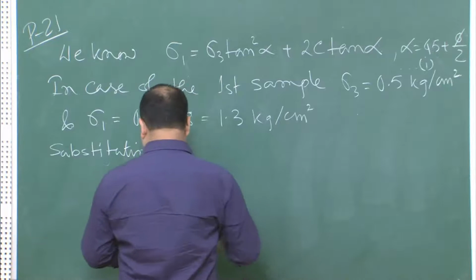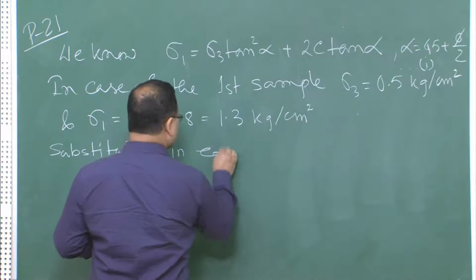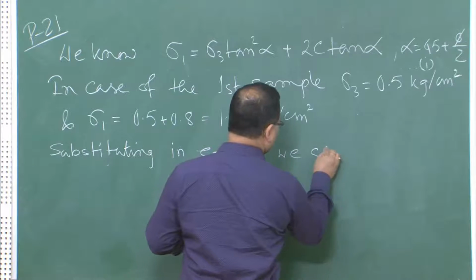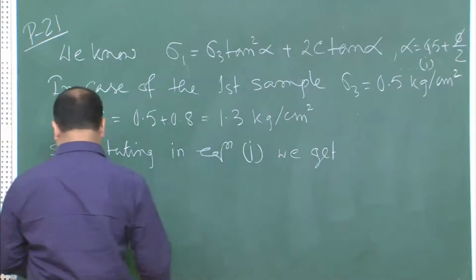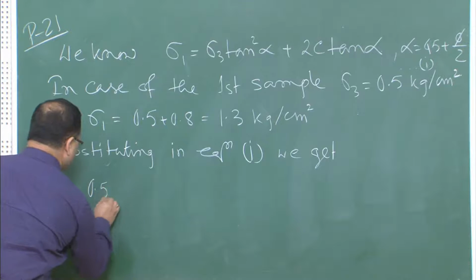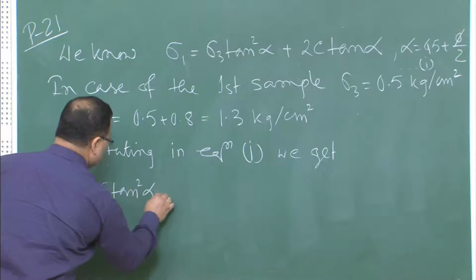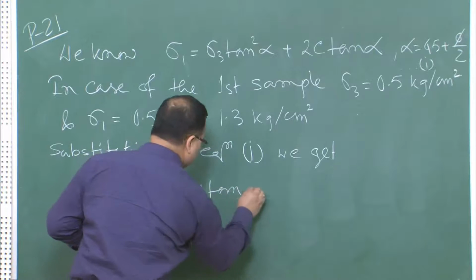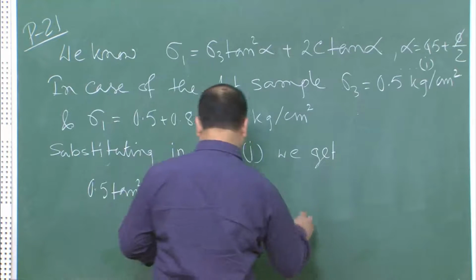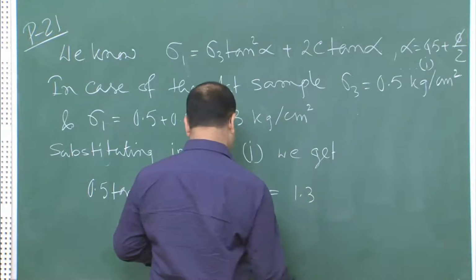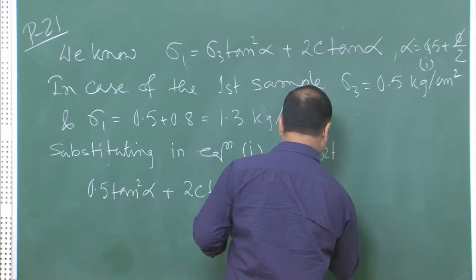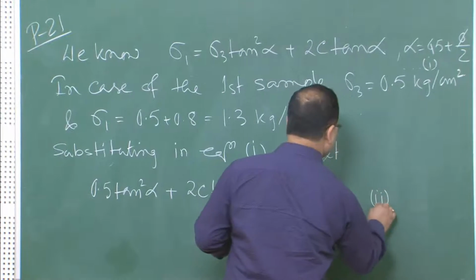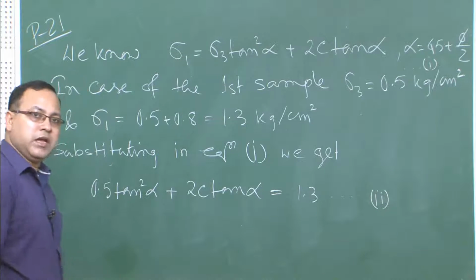Substituting this in equation 1, we get 0.5 tan square alpha plus 2 c tan alpha is equal to 1.3.